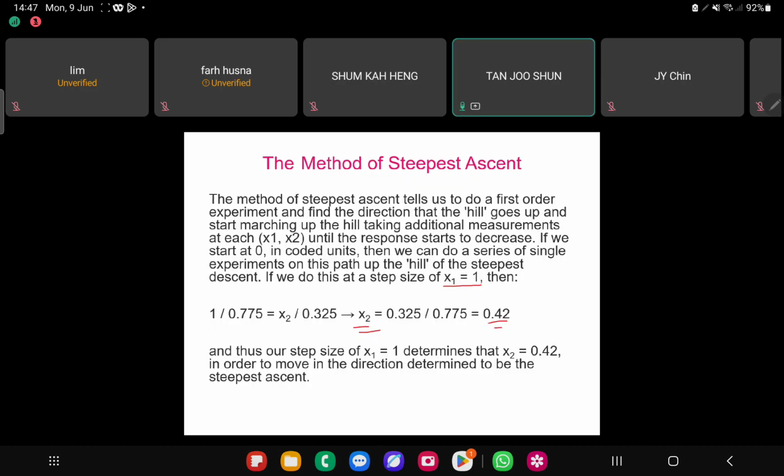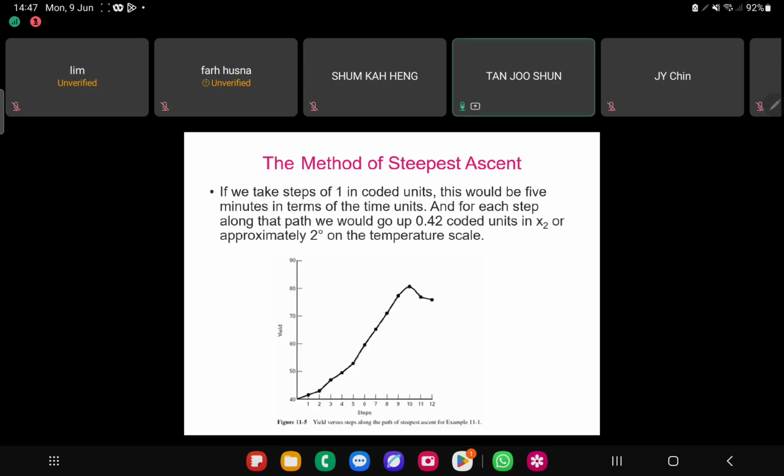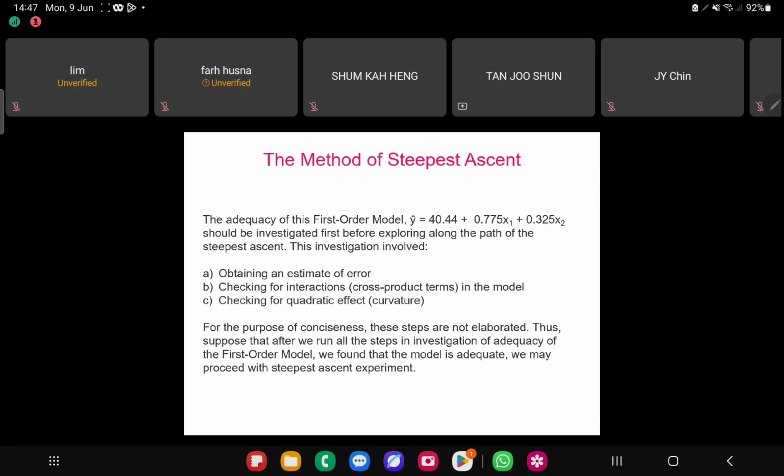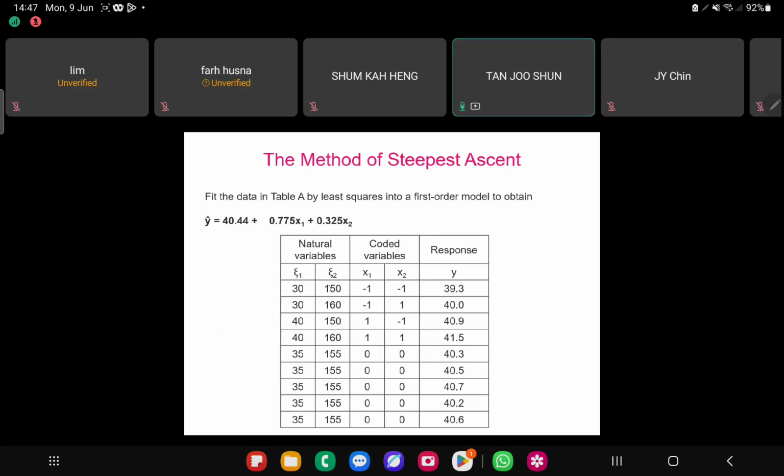Now we go back to this table. We know that this is time and temperature in Fahrenheit.